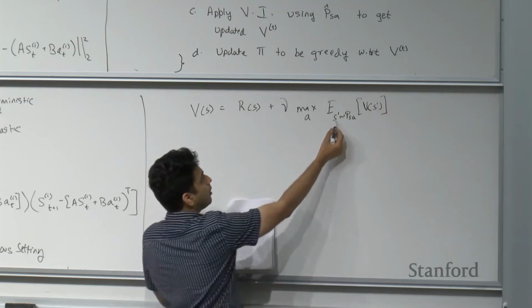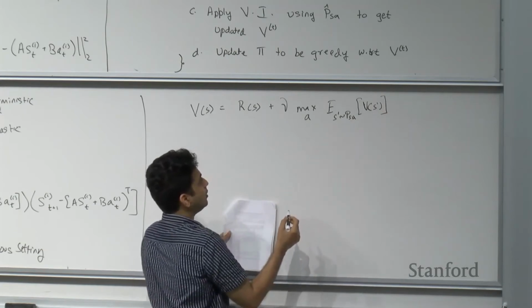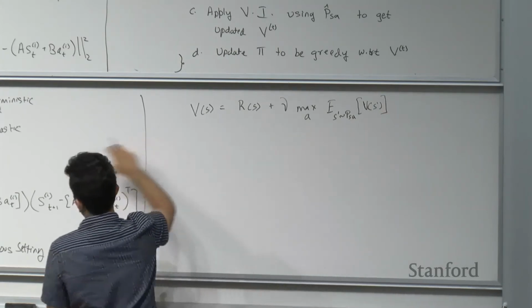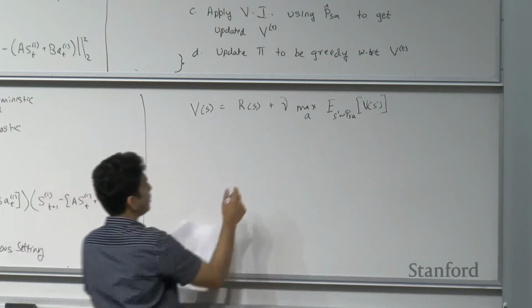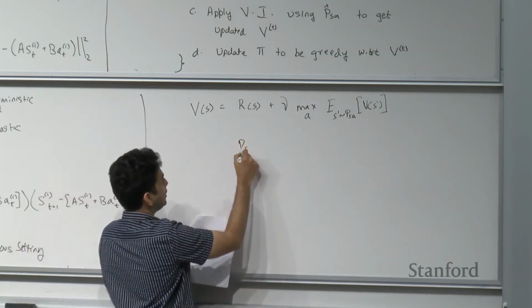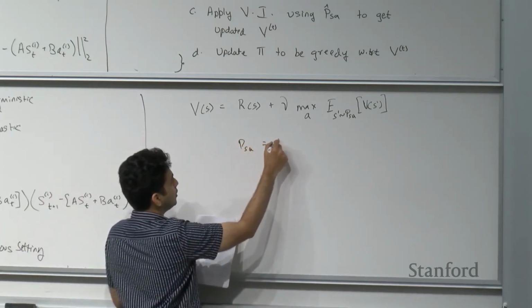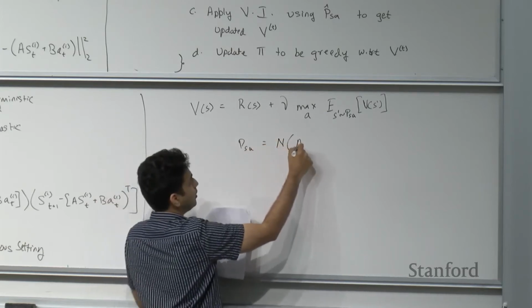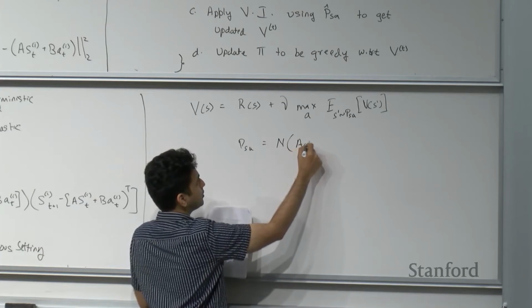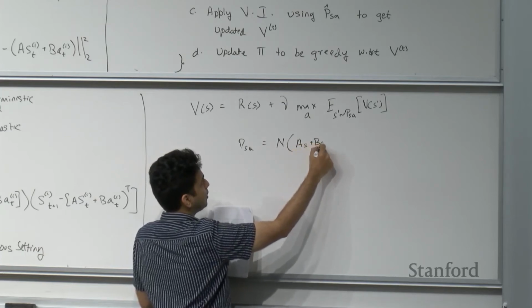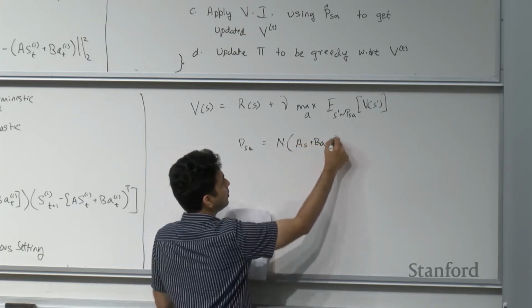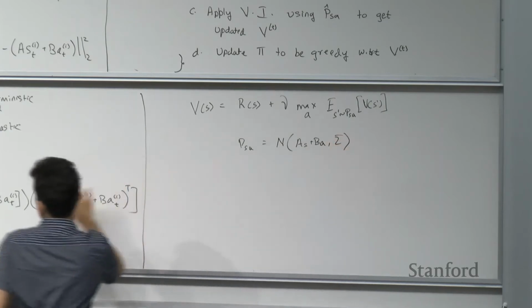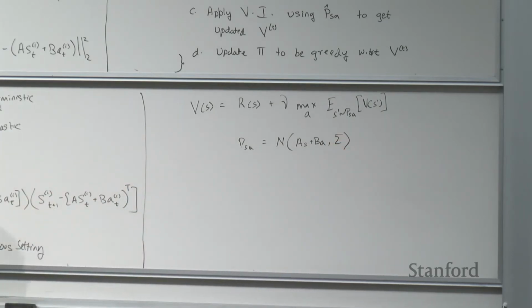Now P_SA, you can think of from this model as some normal distribution where the mean is AS plus BA and the covariance is the covariance that we estimated here.